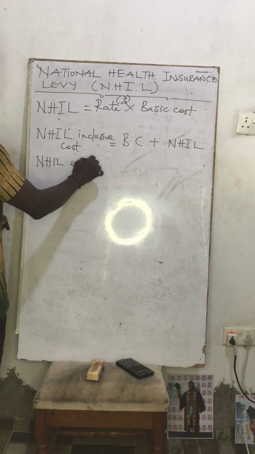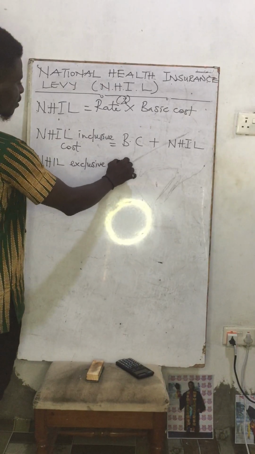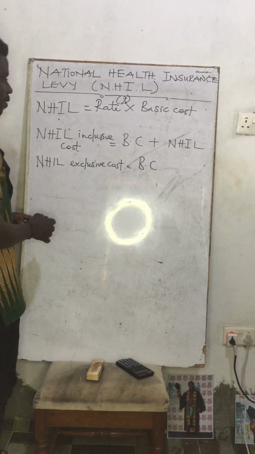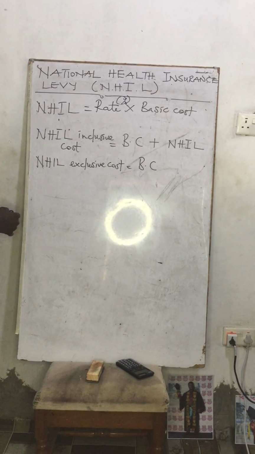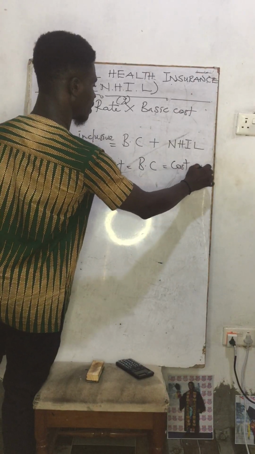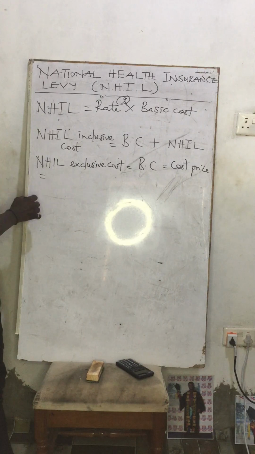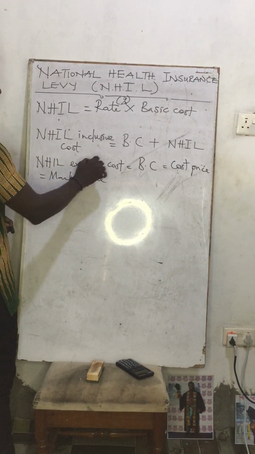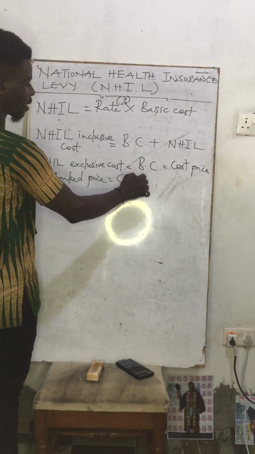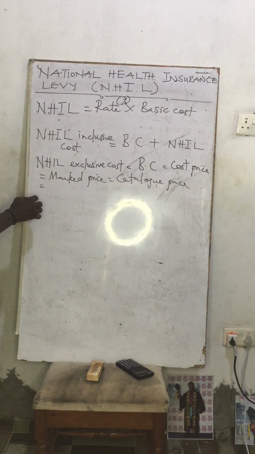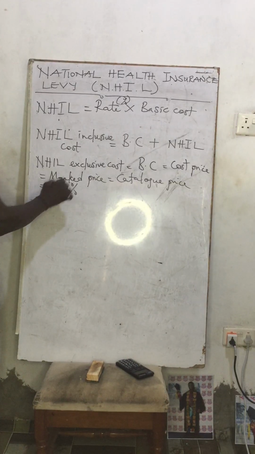And we can also see that the NHIL exclusive cost is just giving us the basic cost, which is the same thing as the cost price, the marked price, and the catalog price, and this is equivalent to 100%.